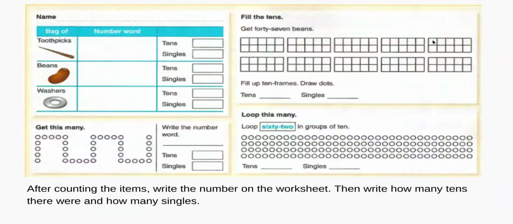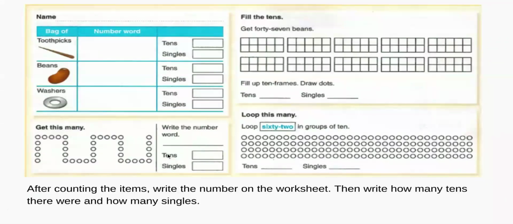Then they'll have 7 single beans to put here. 1, 2, 3, 4, 5, 6, 7. So this is a better way to organize the beans. They can see it in front of them, having the little graphs. Then down here, they can do the same, where they write how many tens, how many singles. They would write 4 tens because they had the 4 groups, and then 7 singles.